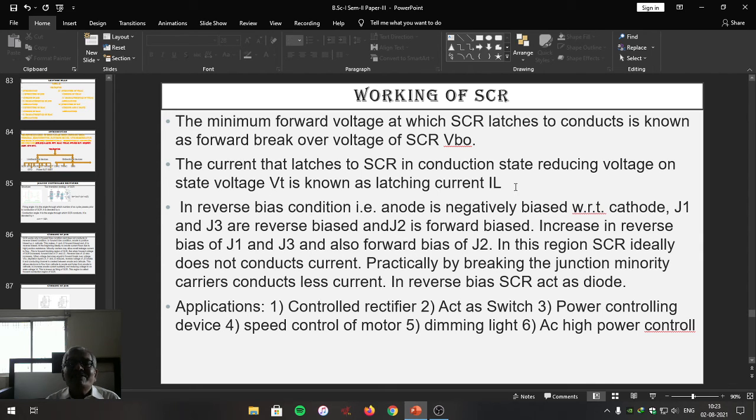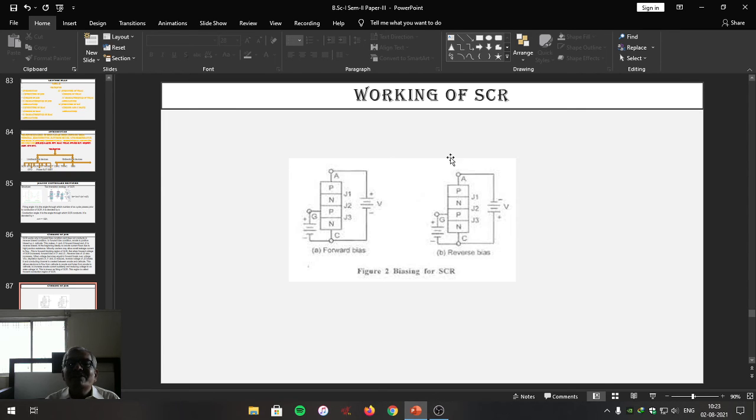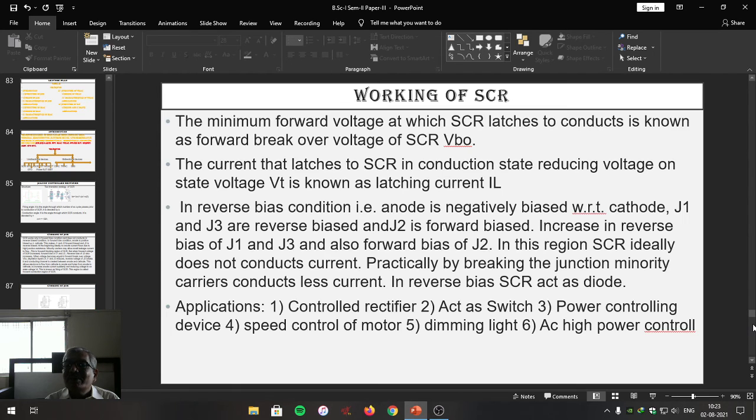So this is how the SCR works when it is in forward bias condition. But in reverse condition, the negative terminal is connected to the anode, whereas the positive terminal is connected to the cathode. In reverse condition, that is, when the anode is negatively biased with respect to the cathode, J1 and J3 are reverse biased, and J2 is forward biased.